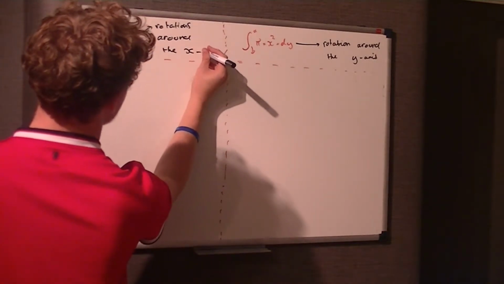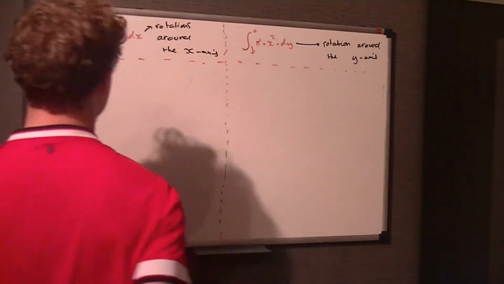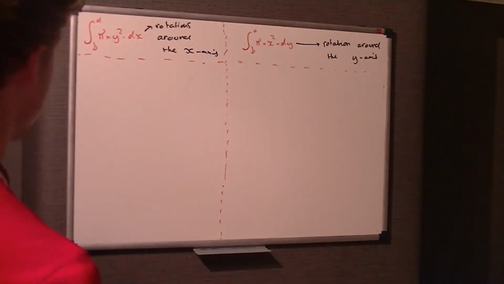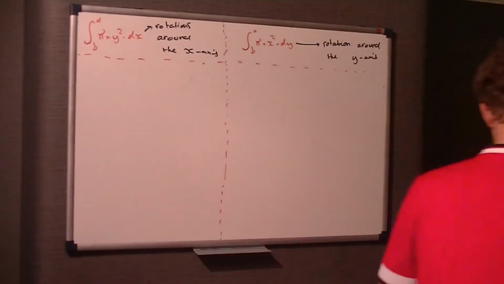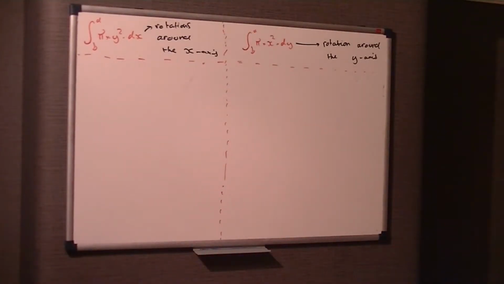And obviously you don't have two equations with the same axis, so you've got a 50% chance of getting it right anyway. I think they're in the formula, but I personally advise learning them, as they are the foundations of this topic, and what this whole topic's about.